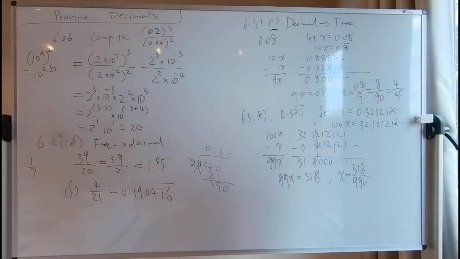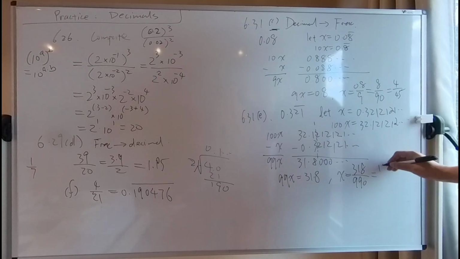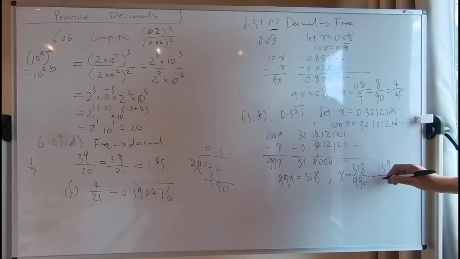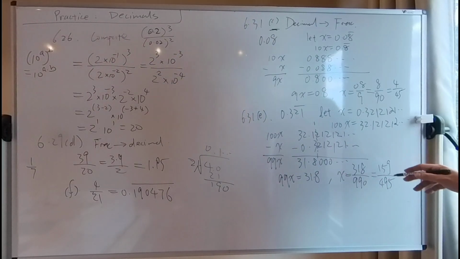So I'm not only dividing by 99 over there, I'm also converting the decimal to an integer by multiplying by another 10. And then you can simplify this by canceling out at least 2 as a common factor. So I have 159 over 495. Is it divisible by 3? 159 is, but 495, let me check. Then 53 over 165.